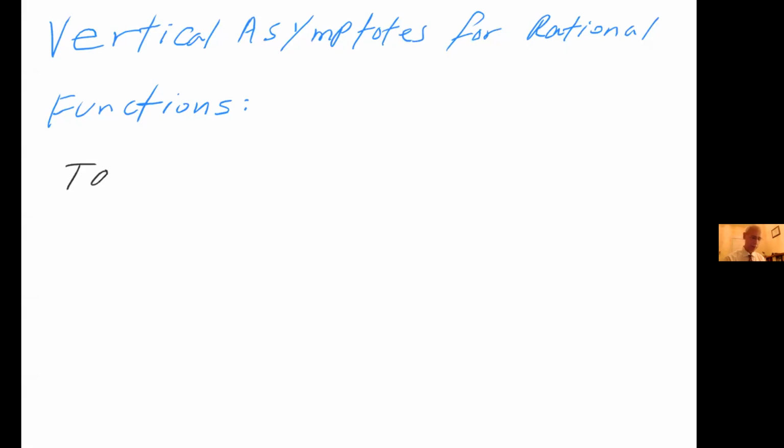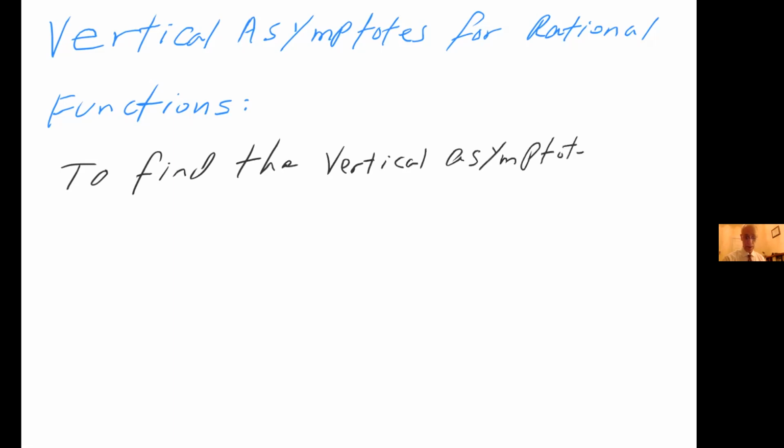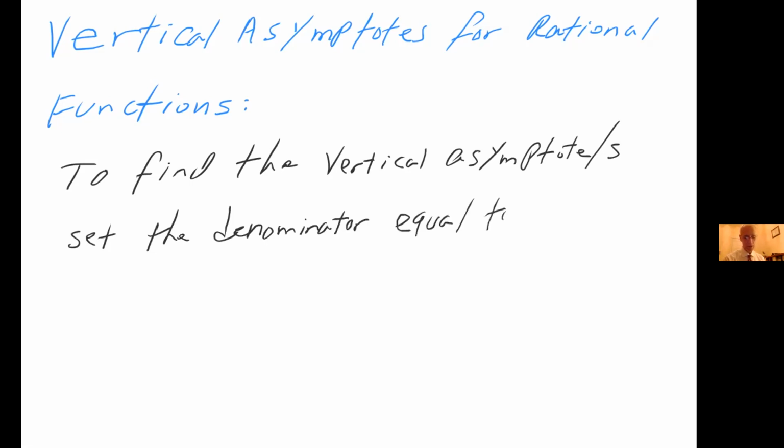So to find the vertical asymptote, and it could be more than one, set the denominator equal to 0 itself.